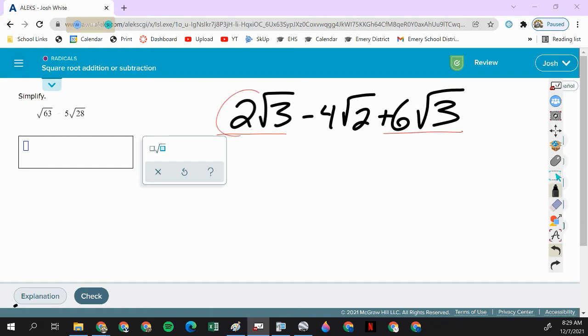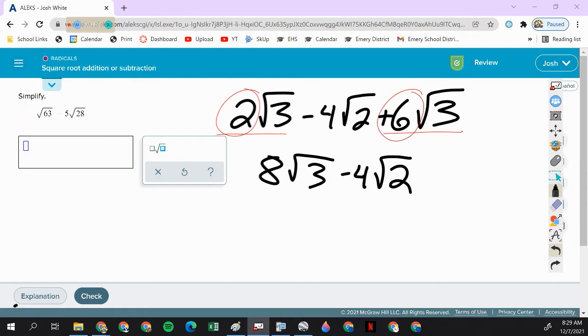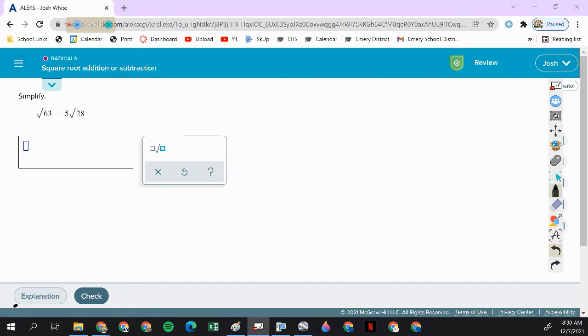So if I have 2 copies of the square root of 3, and I add 6 more copies of the square root of 3, then I get 8 times the square root of 3. Good. So if the square roots are the same, then you can treat them like a variable and just add the outsides together. But in this problem, they're not the same.